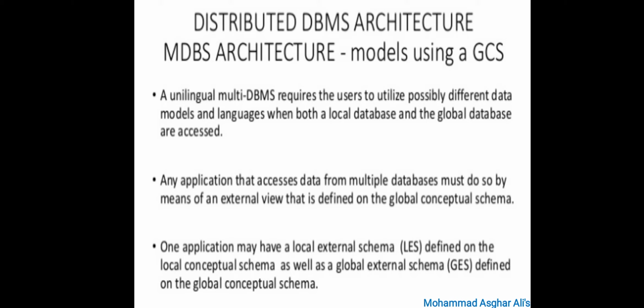The identifying characteristic of a unilingual system is that any application that accesses data from the multi-database must do so by means of an external view that is defined on the global conceptual schema. This means that the user of the global database is effectively a different user than those who access only a local database, utilizing a different data model and a different data language.